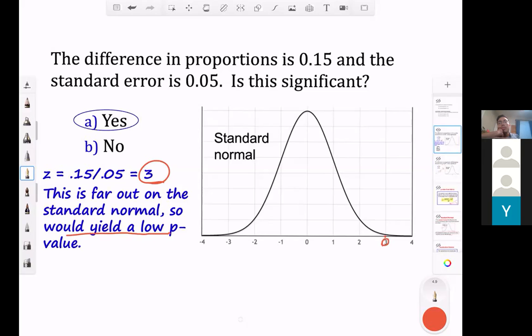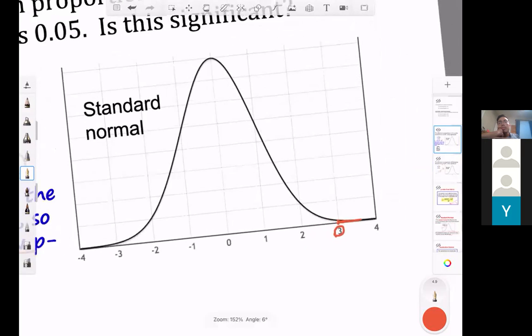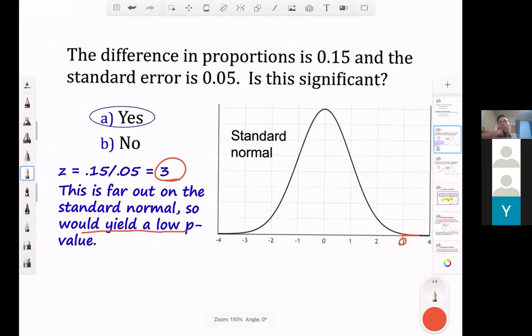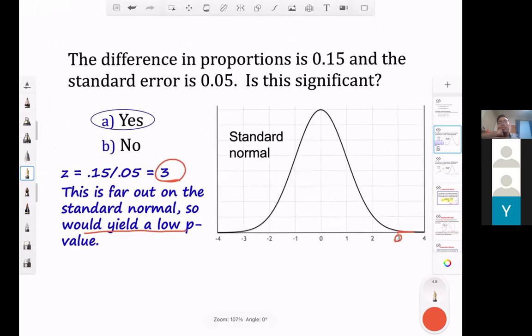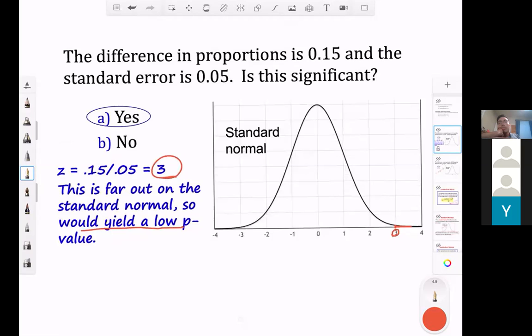We are looking for this much area, which is almost 0, correct? So for this reason, we will say it is significant. The answer is yes. If the p-value was large, we say no, but if the p-value is small, we say significant.